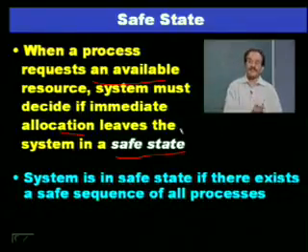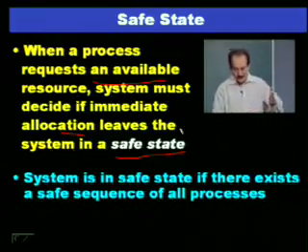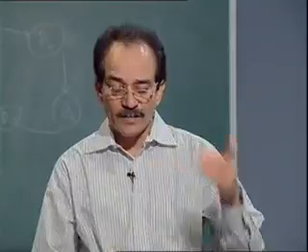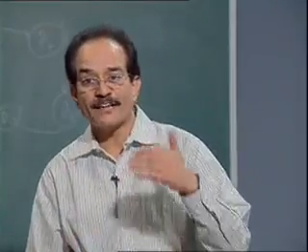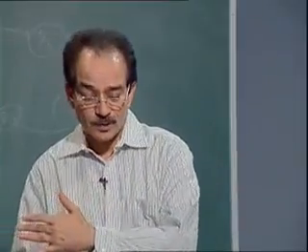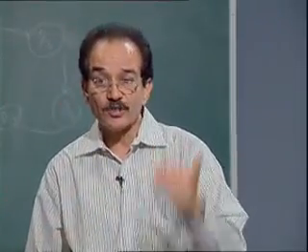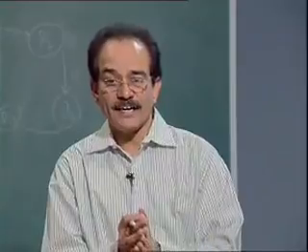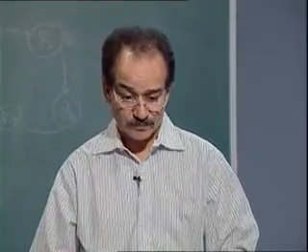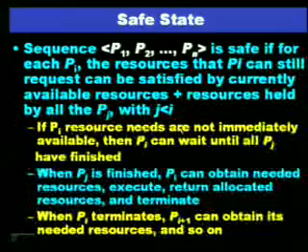Now, what does safe state mean? My processes are in some sort of a safe sequence. The way they are executing, all processes go in a sequence whereby each process as such can be executed. This is what we say is a safe state.